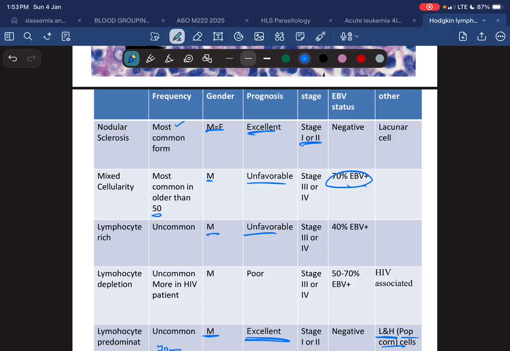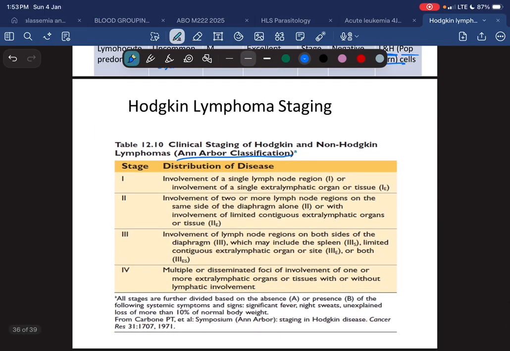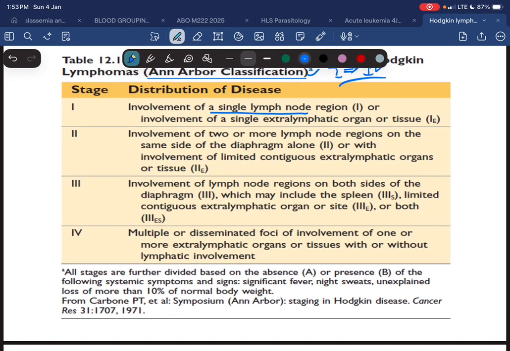Staging of lymphomas, also non-Hodgkin lymphoma as well, they follow the Ann Arbor classification from 1 to 4. Stage 1, involvement of single lymph node region or involvement of single extralymphatic organ or tissue.